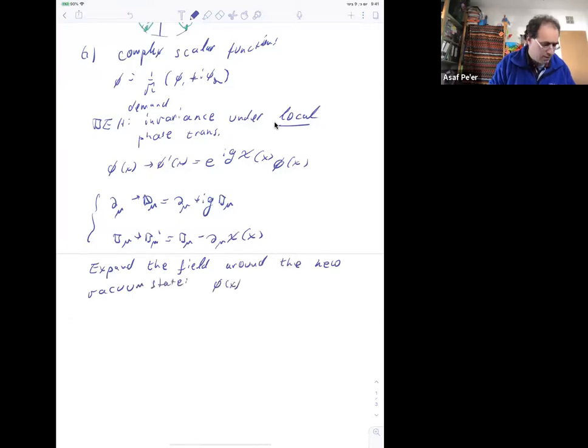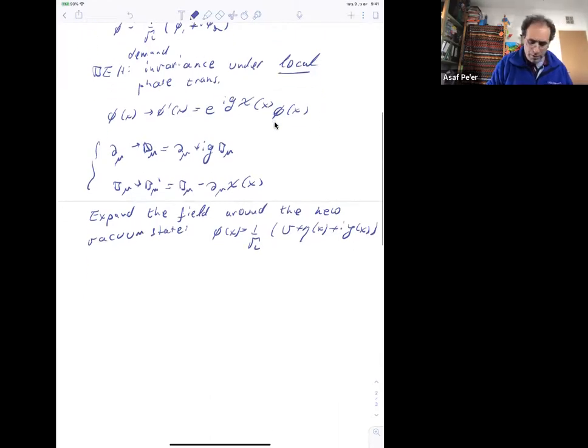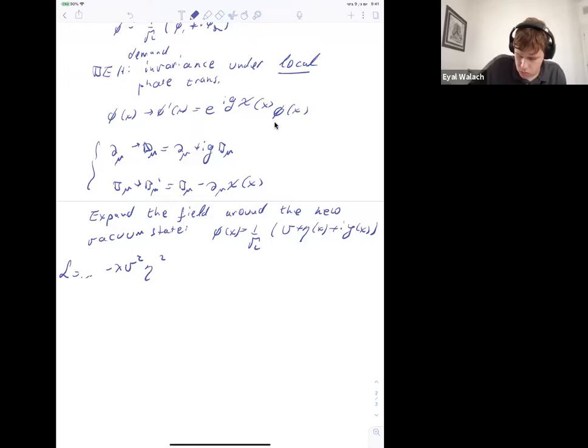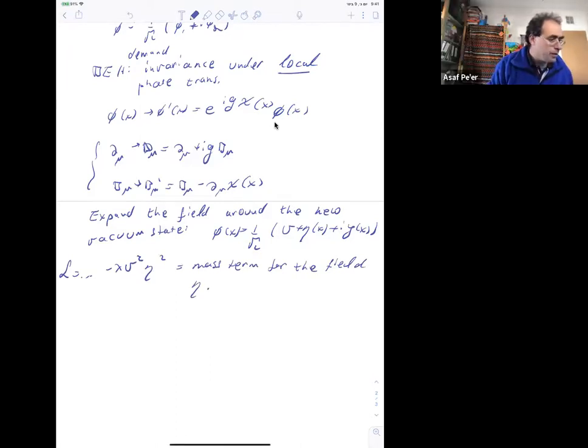Phi of x is 1 over square root of 2 times v plus eta of x plus i psi of x. When we put everything in the Lagrangian, we end up with a term that looks like minus lambda v squared eta squared, which is a mass term for the field eta, plus another term with a scalar which does not have a mass.